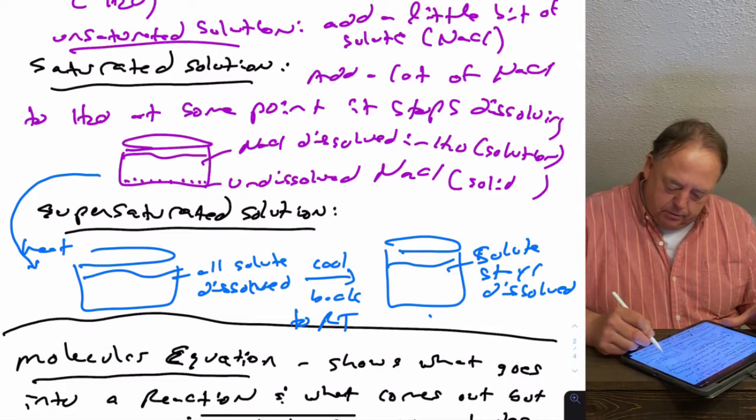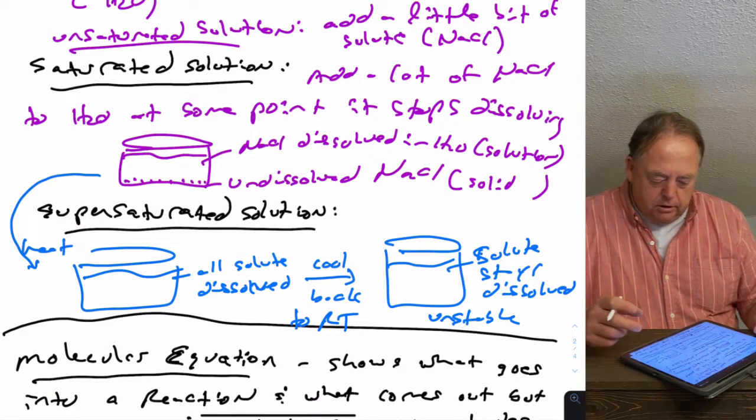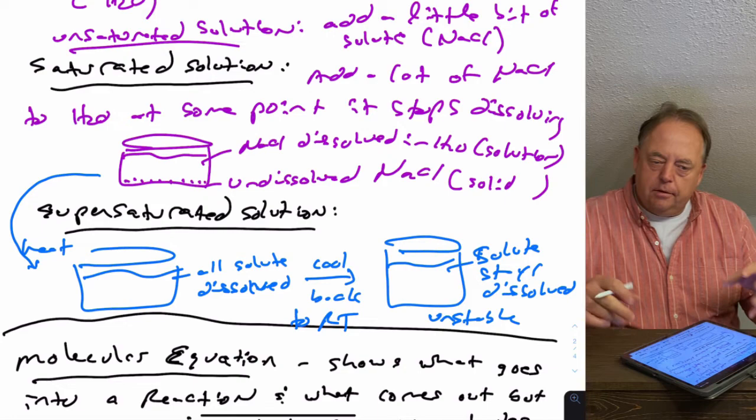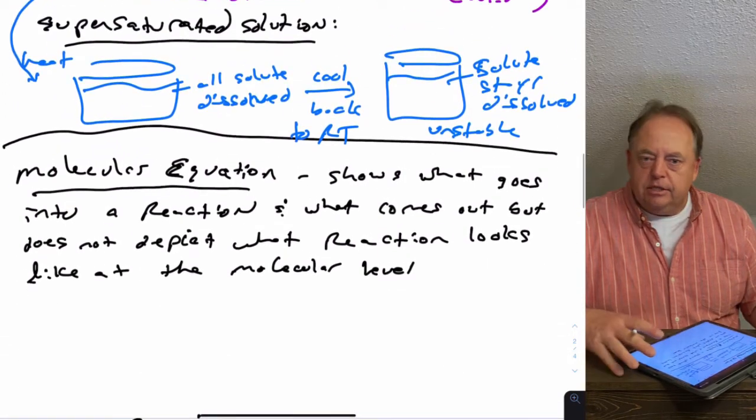And this is an unstable solution. If you agitate it just a little bit, it could cause the excess solute to precipitate out. Okay, so that's some basic terminology that you should know.